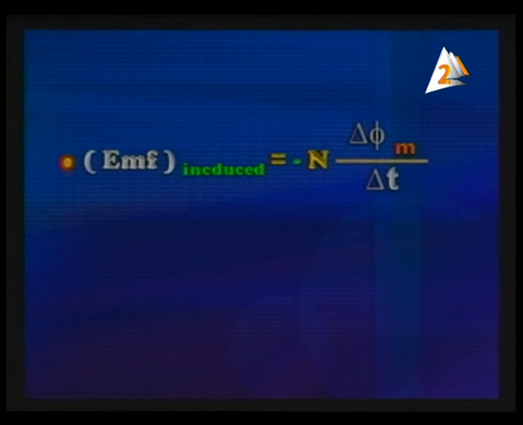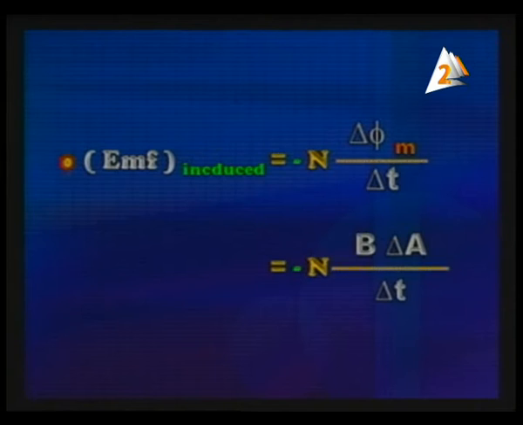Magnitude is determined from the expression EMF equals negative N delta phi magnetic over delta t. So it is equal to negative N times magnetic flux density. The change in this problem is in the area, in the diameter. So it is equal to negative N B delta A over delta t.